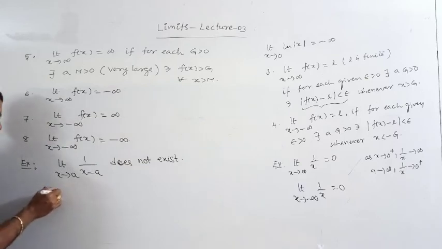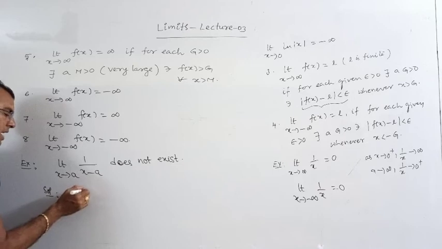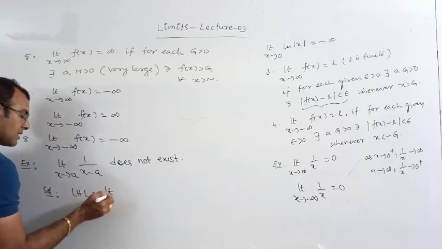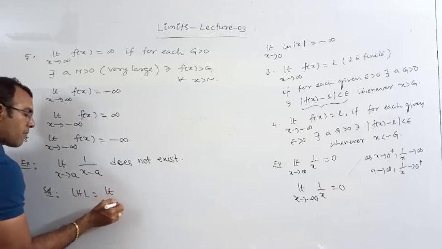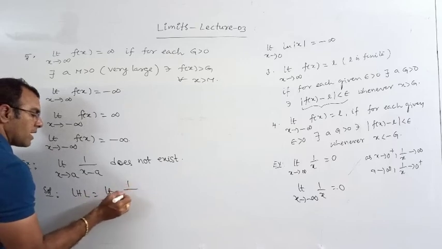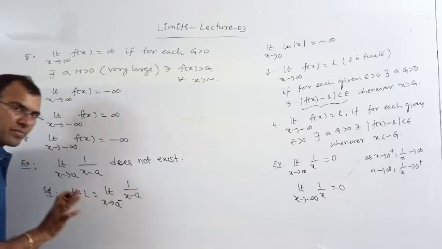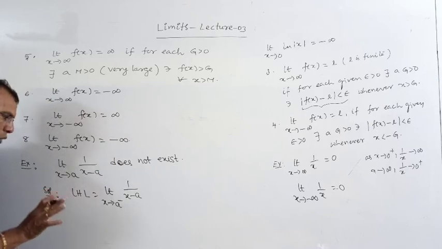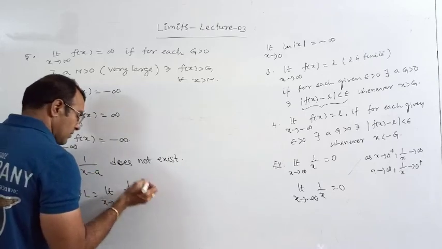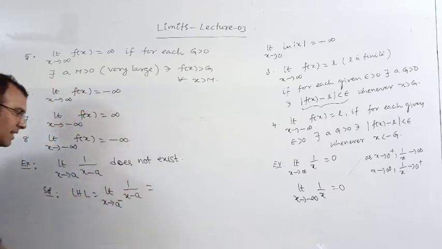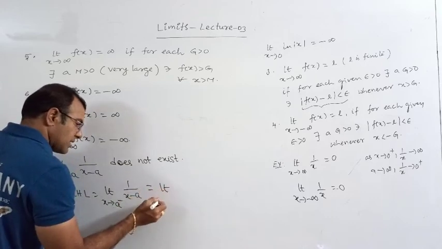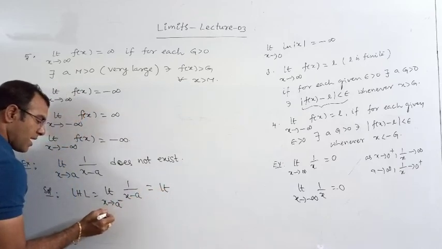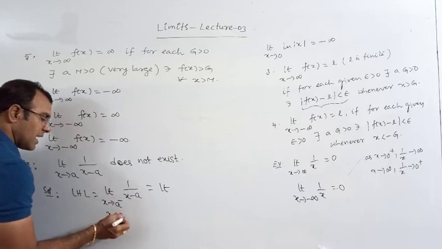The solution is quite simple. First I will find out the left hand limit, means limit x tends to a minus, 1 by x minus a. Alright? Okay. Limit x tends to a minus means x is less than a.